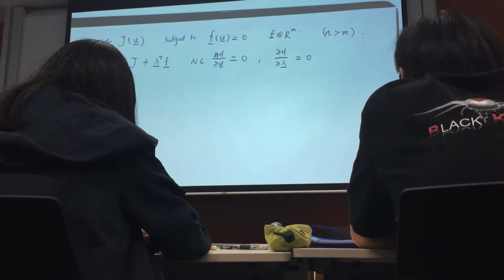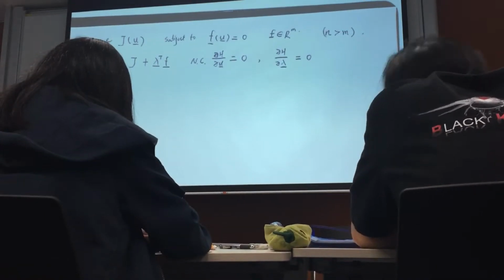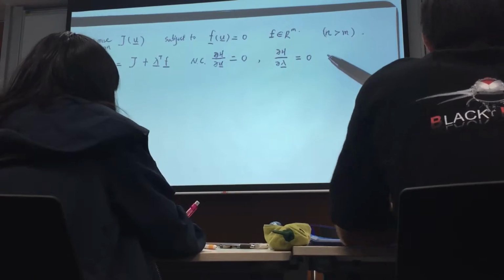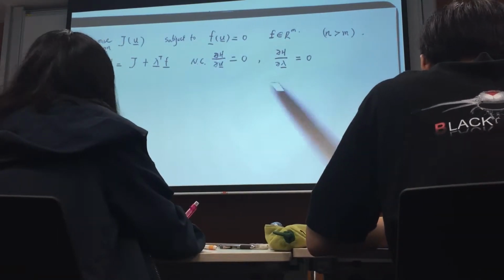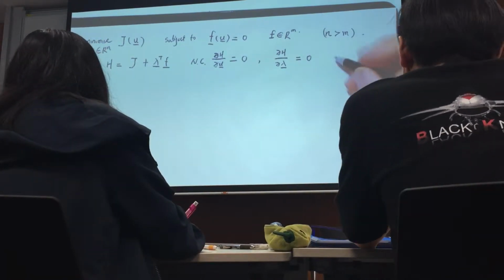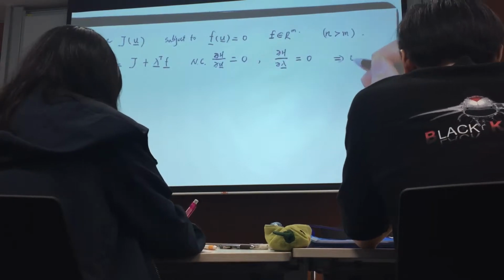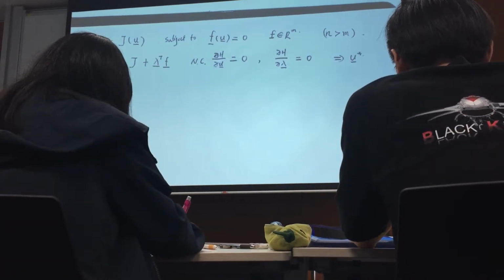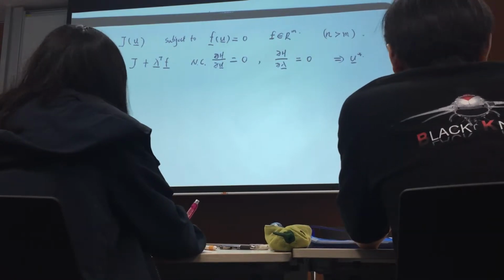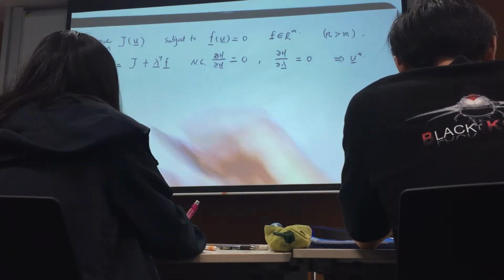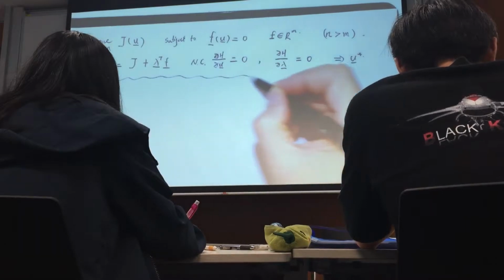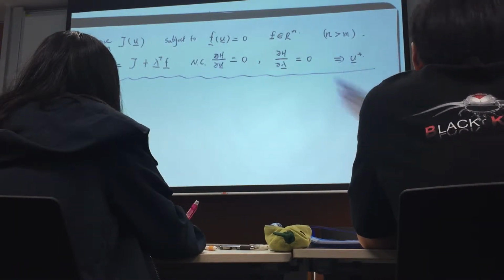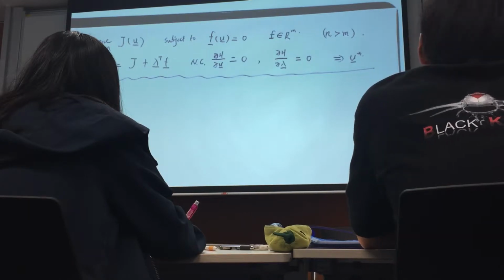This must be equal to 0. These two equations will give us a set of algebraic equations so that we can derive U star. So these are the problem and solutions for the constrained problem with equality constraints.